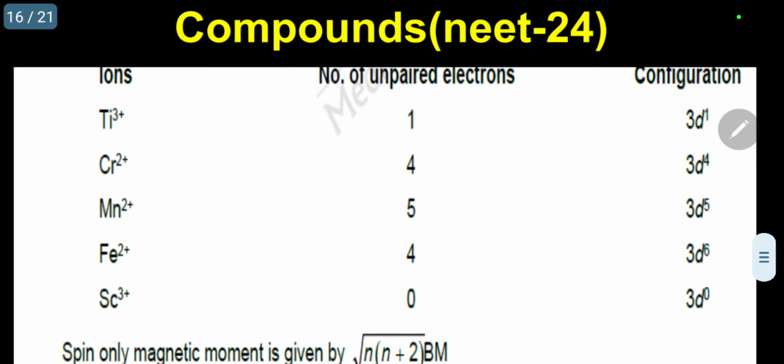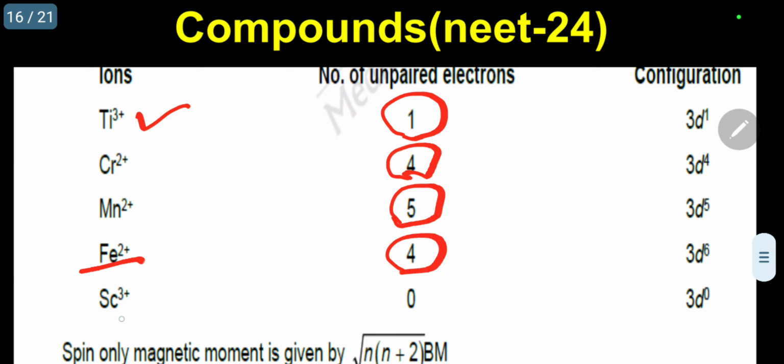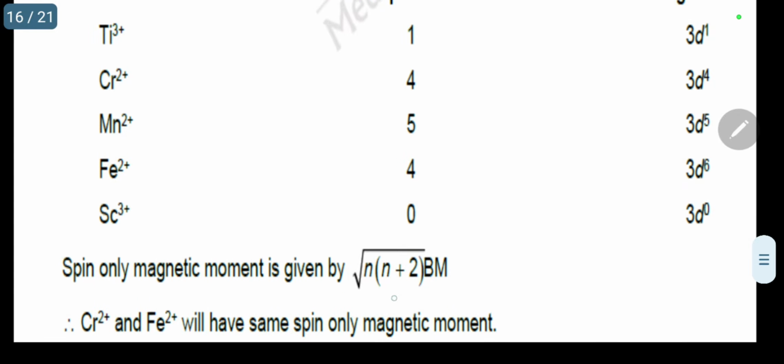Kindly follow. Titanium 3 plus: 1 unpaired electron. Chromium 2 plus: 4 unpaired. Manganese 2 plus: 5. Fe 2 plus: 4. Scandium is 0. So these two have the same. The answer is chromium 2 plus and iron 2 plus, because spin only magnetic moment is equal to square root of n(n+2) BM.